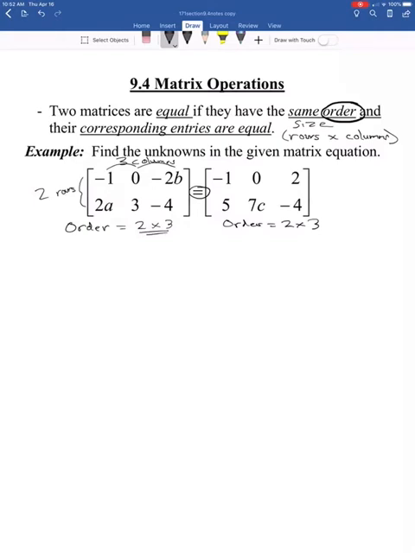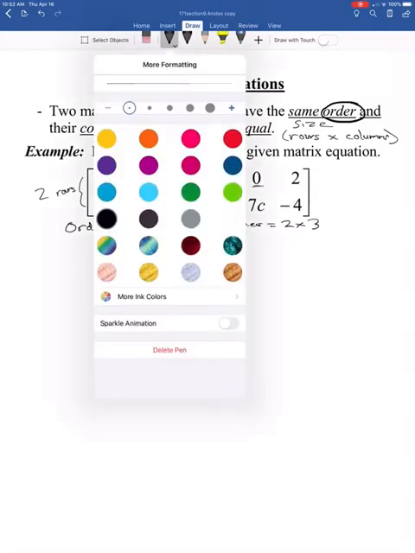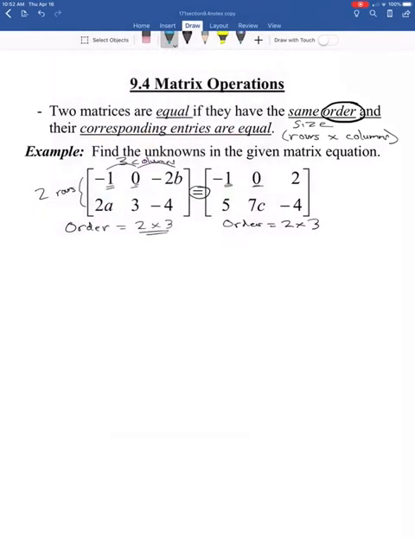All right. Now, in these entries, we want to make sure that the corresponding entries are the same. So, for example, we take row 1, column 1. Well, it equals row 1, column 1 from our other matrix. So you can see row 1, column 1 entries are both -1. As we move over to row 1, column 2, we have a 0 in both. And then we get to one of our unknowns, one of our variables.